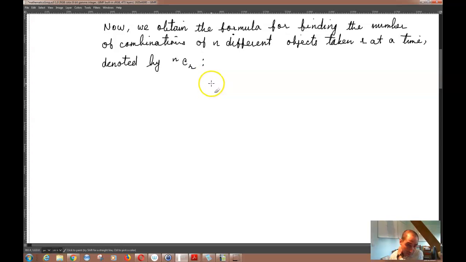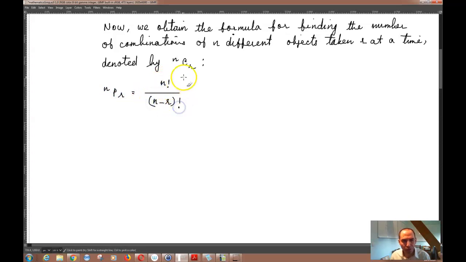So now let's see how we can find that formula, and to give you a heads up, we already know the formula for permutation. We know that n permutation r is equal to n factorial over n minus r factorial.